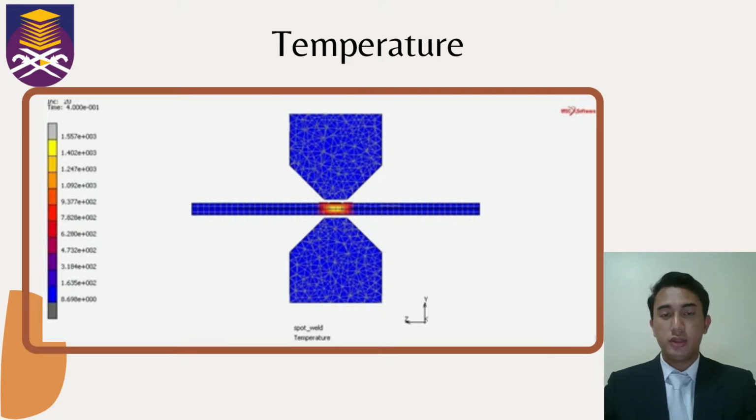Based on theories, an ideal temperature for a weld nugget to form is between 1300 degrees Celsius and 1500 degrees Celsius. As for this simulation, the temperature achieved for the model is 1400 degrees Celsius.